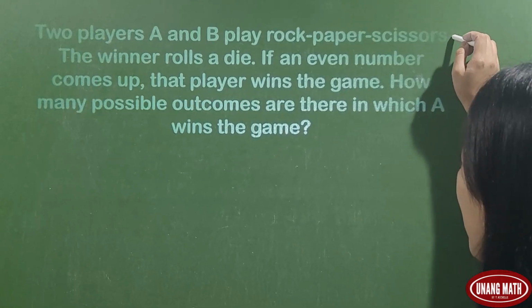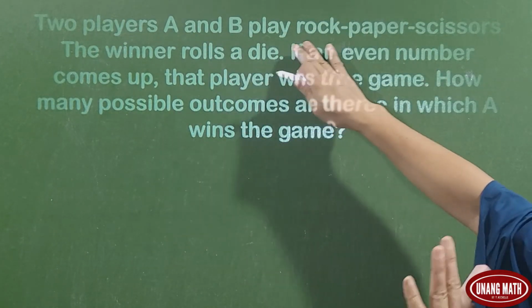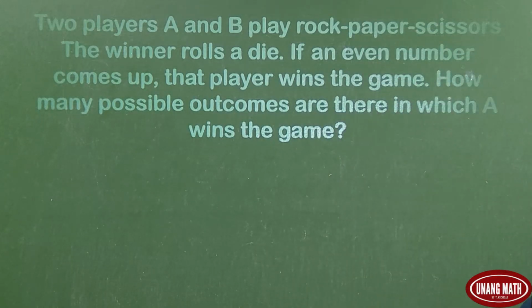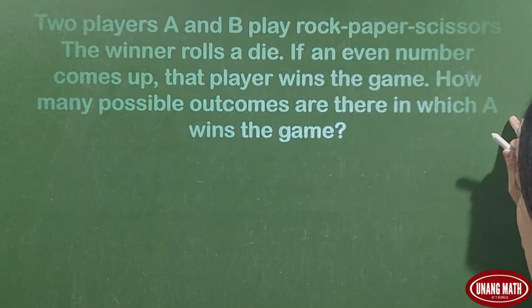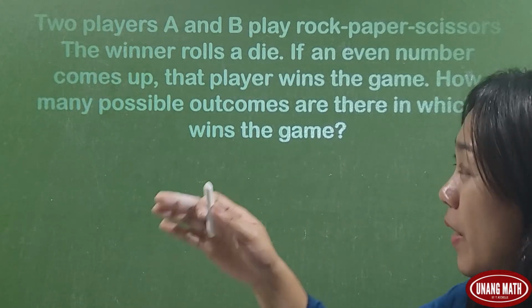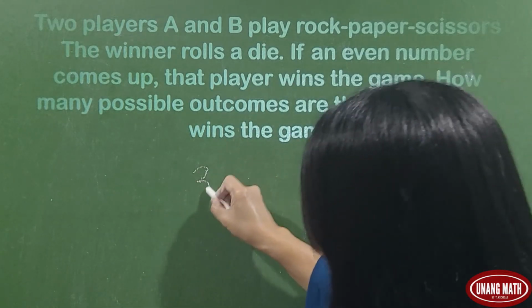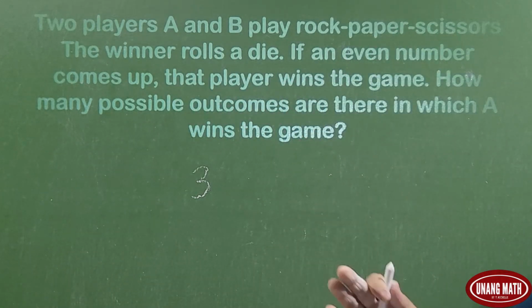Okay, according to the first sentence, two players, player A and player B, play rock, paper, scissors. It's asking for how many possible outcomes in which player A wins the game. So we know that player A wins the game. And what's the outcome? It's 3, since these two players are playing rock, paper, scissors.